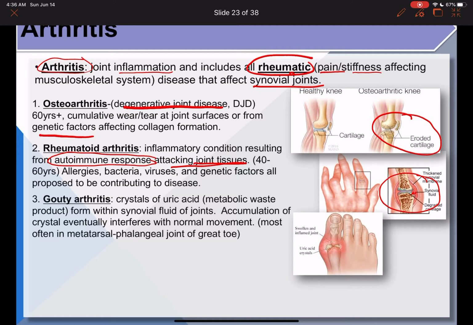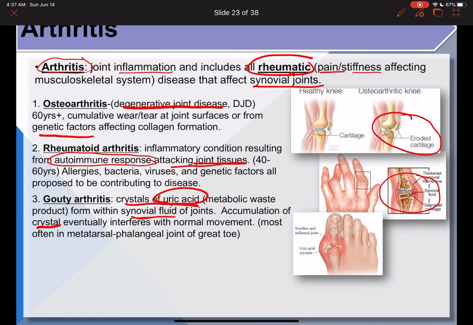And this is showing you what happens with rheumatoid arthritis: inflammation that's formed by your immune system attacking your joints. Gouty arthritis is where crystals of uric acid, which is technically a metabolic waste, somehow start accumulating and form within the synovial fluid of joints. An accumulation of these crystals eventually interferes with normal movement, because synovial fluid is supposed to give you that gliding, smooth motion without friction.